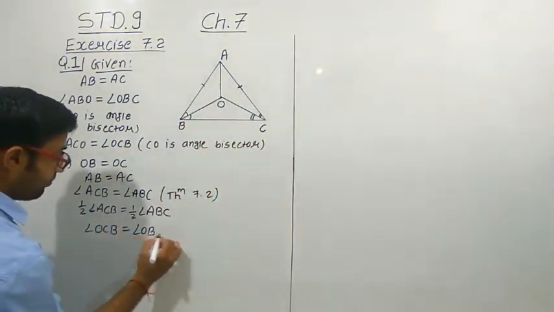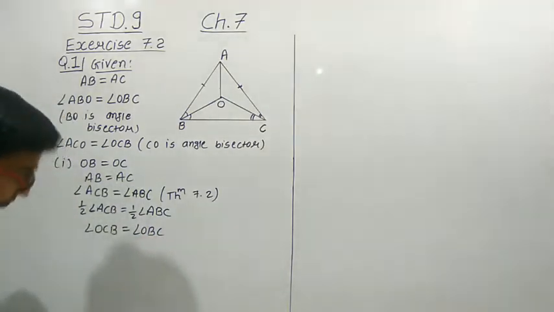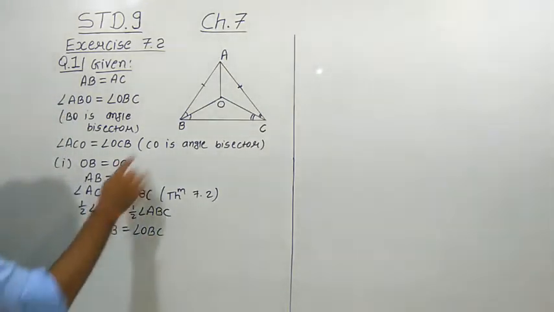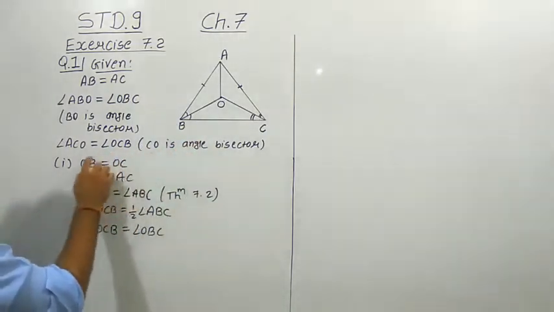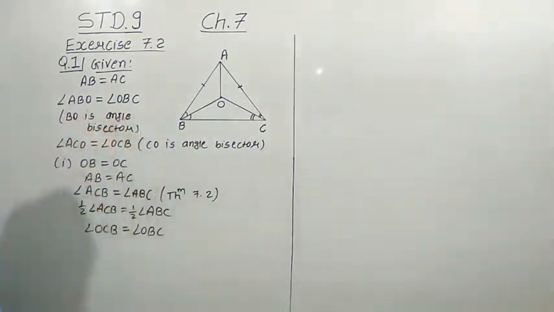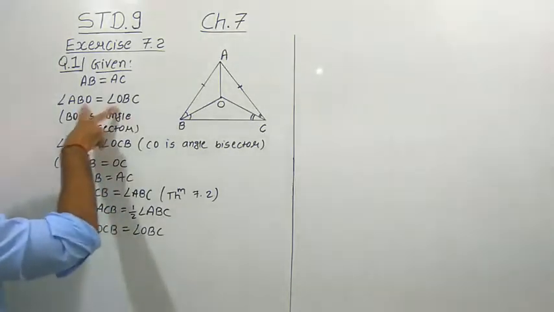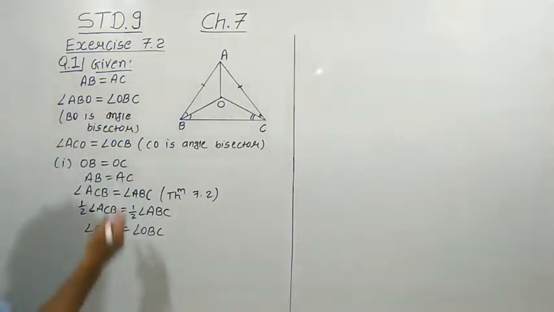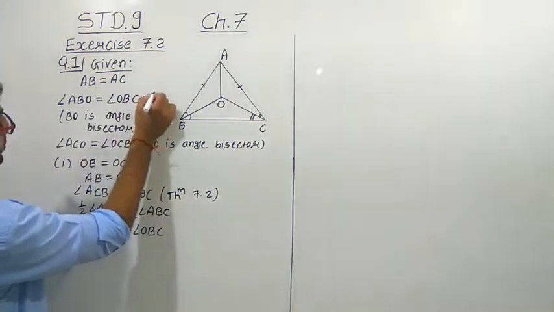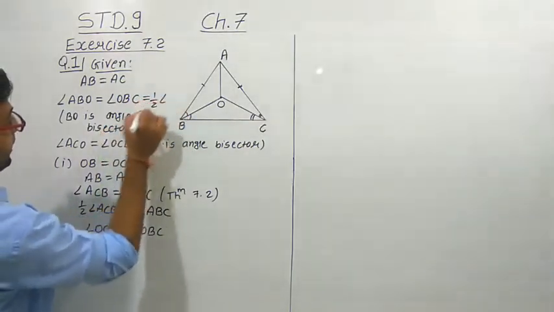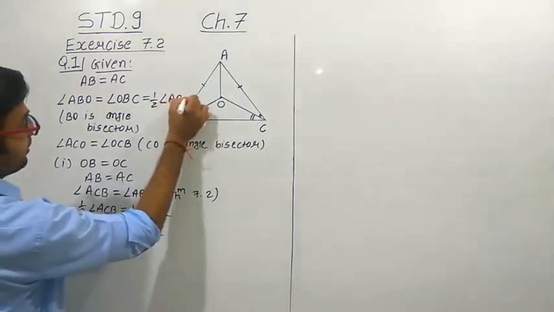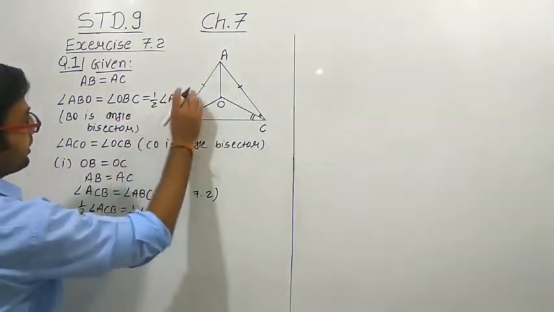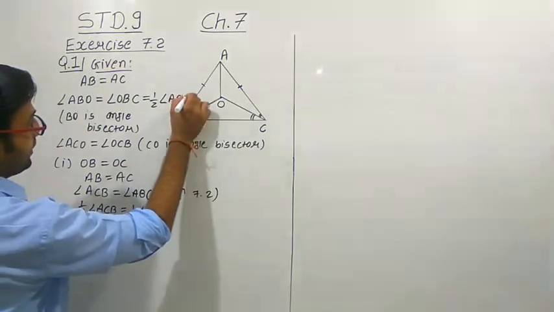Why? Because total angle ABC is divided into two parts. We have given that BO is the angle bisector, and that is why these two angles become equal. Actually, each of these two angles we can write as 1/2 of angle ABC.